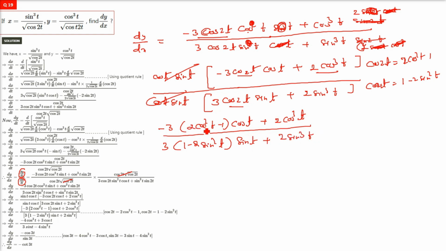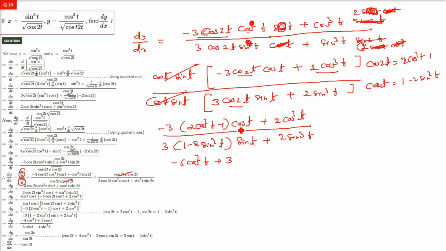Just multiply all of it. Whatever is in the numerator, you have to have separate terms, because there may be some cancellation and there may be some combination. Multiply inside, because there will be a formula coming. Please remember cos 3t is 4 cos cube t minus 3 cos t. Sin 3t is 3 sin t minus 4 sin cube t. So I am just multiplying this.